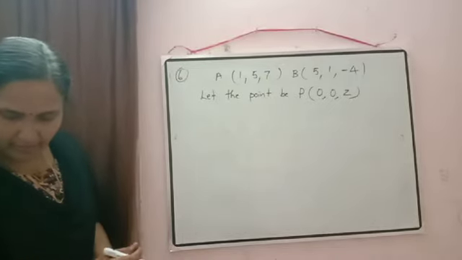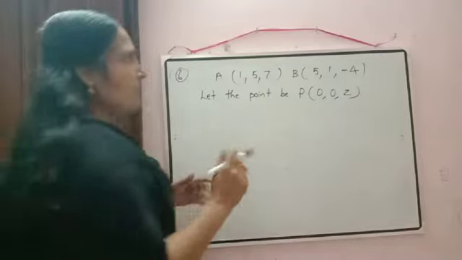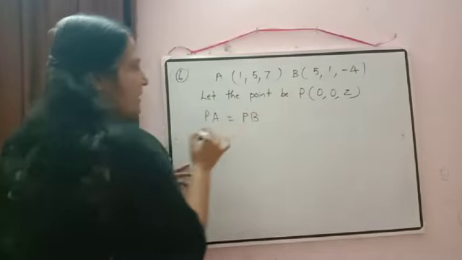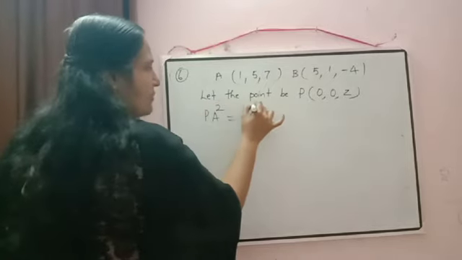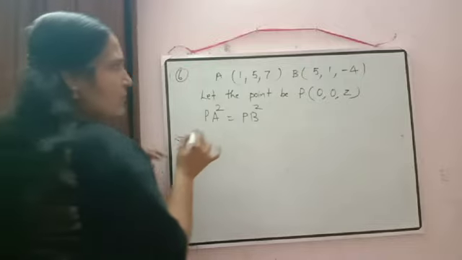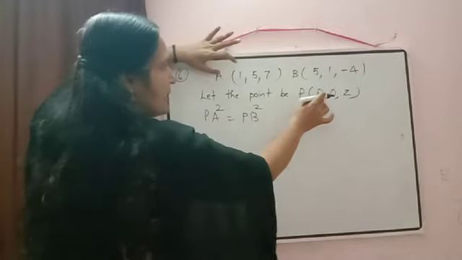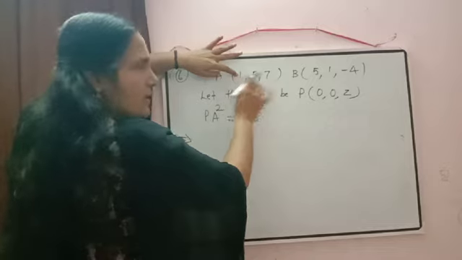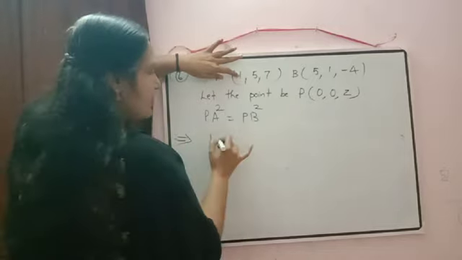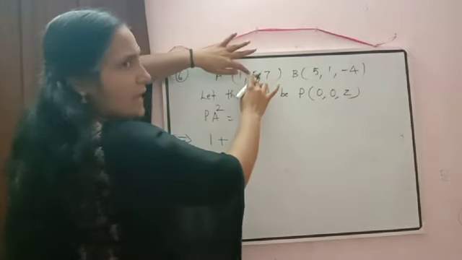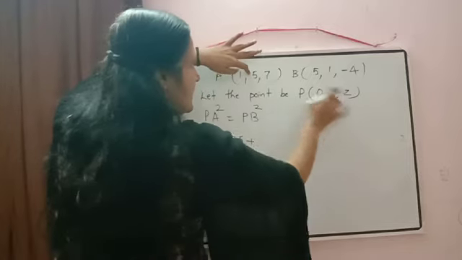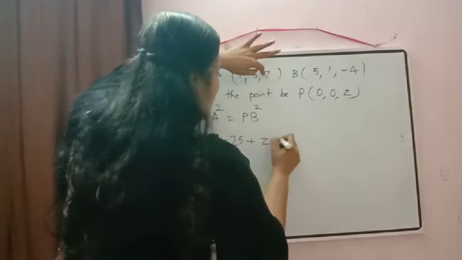And what is the relation given? Equidistant. So we can use the concept now. PA is equal to PB. So again, to avoid the square root, squaring both the sides. Now continue from here only. PA, what will come there now? 0 minus 1 will be equal to 1. 1 square is equal to 1 plus 0 minus 5, minus 5 the whole square is 25, plus z minus 7 the whole square.